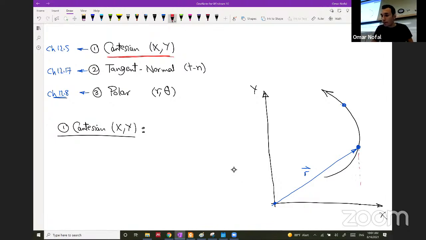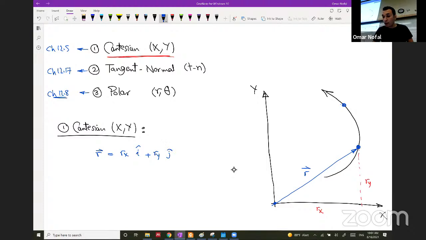So this will be Ry, and this will be Rx, and we can write the R vector as Rx in the direction of X, which we call I hat, plus Ry in the direction of Y, which is J hat.